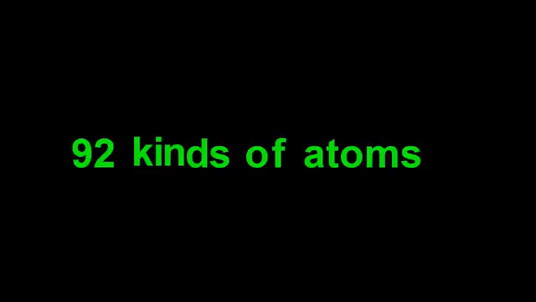Zooming back out, we see that the gold atoms become a lump of gold again. If we zoomed out from silver atoms, we'd see a lump of silver instead. Because there are 92 kinds of atoms, there must be 92 elements too, one for each kind.